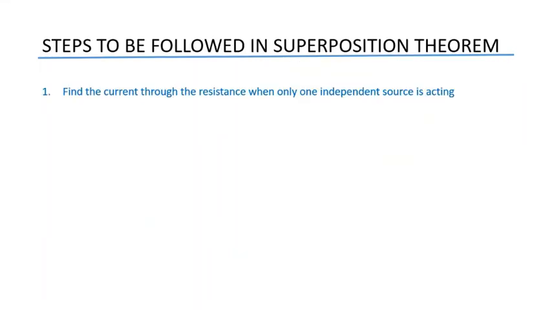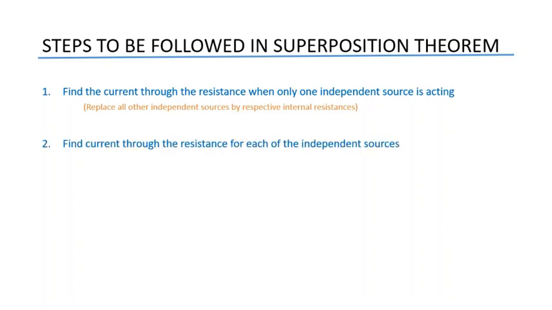Then what are the steps to be followed in superposition theorem? The first step is find the current through the resistance when only one independent source is active, keeping all other independent sources replaced by their respective internal resistances.